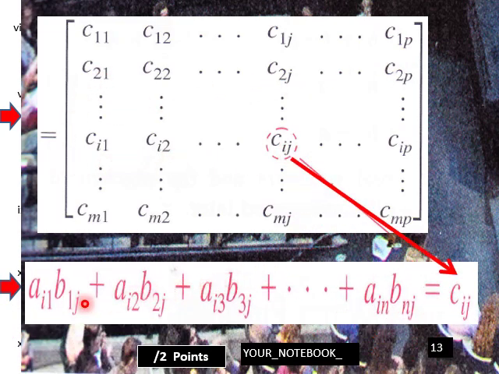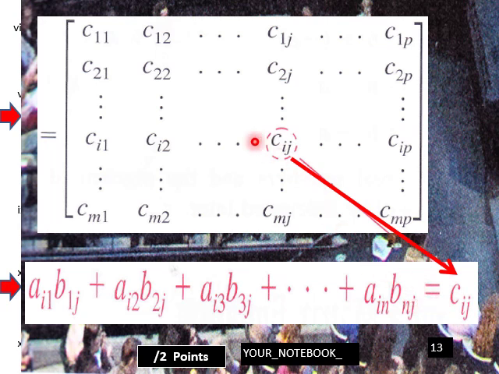And then when we multiply the two together like that, our C will be C11, C12, C1j, C1p, and then our Cij will equal Ai1 times B1j, so row i, column 1 of A times row 1, column j of B, plus Ai2 times B2j, plus Ai3 times B3j, plus ... up to Ain times Bnj. That will equal C, row i and column j.